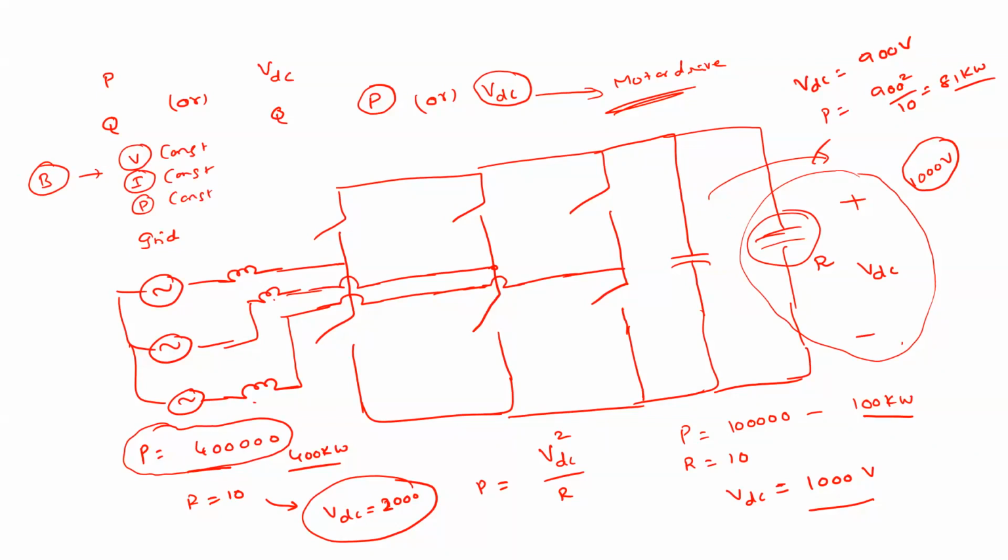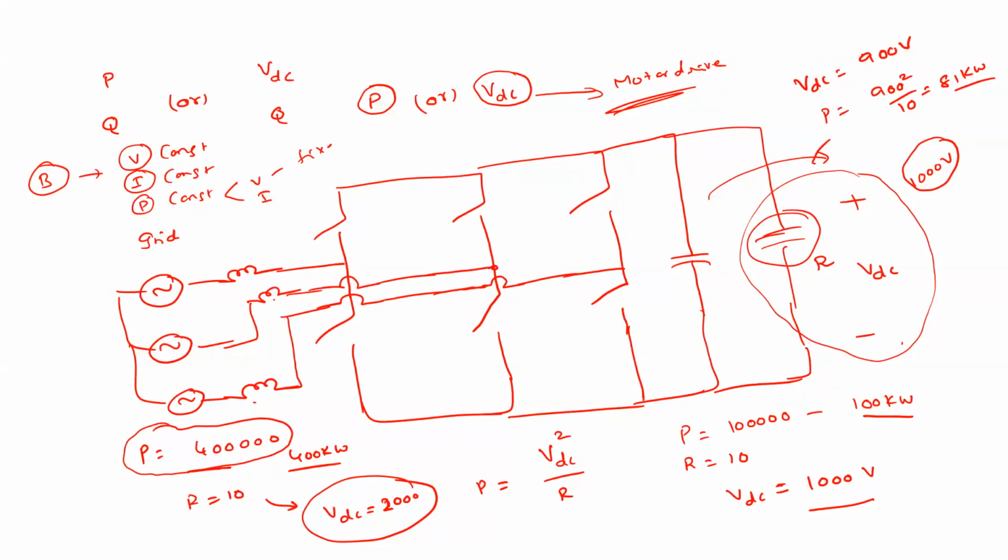So voltage constant, current constant, and power constant. When the power is constant, both voltage and current will be varied: either voltage will be fixed and current varied, or the current fixed and the voltage varied.